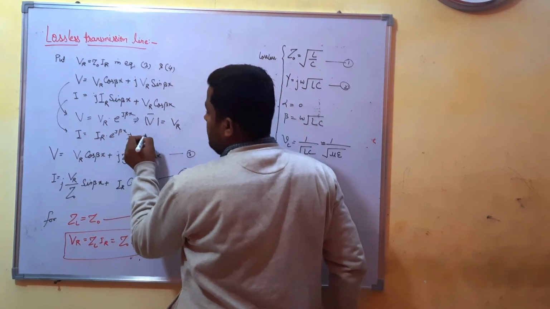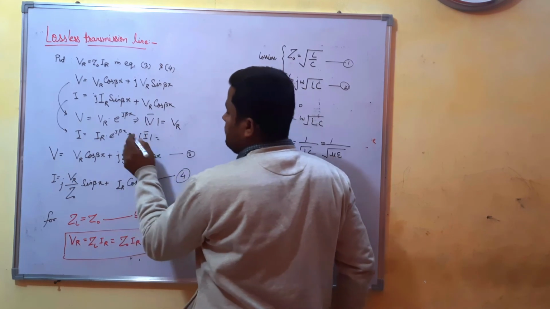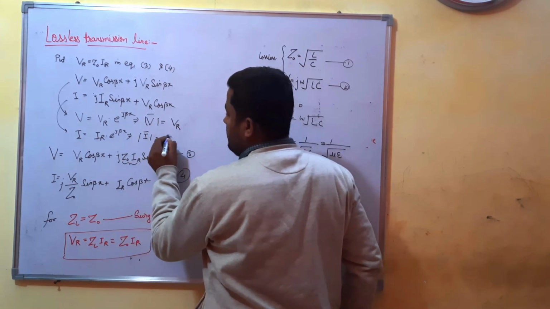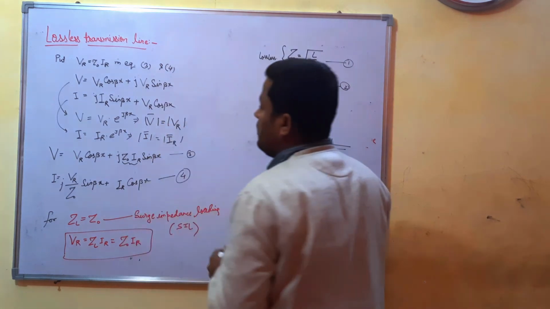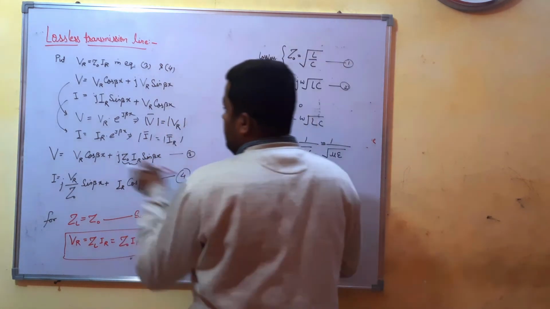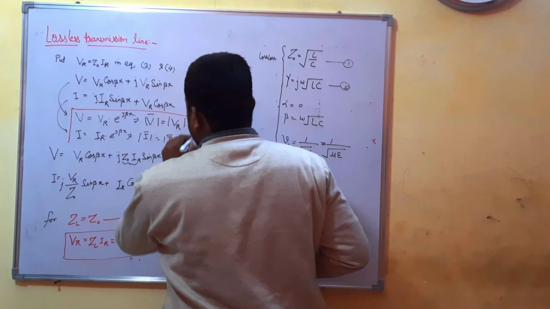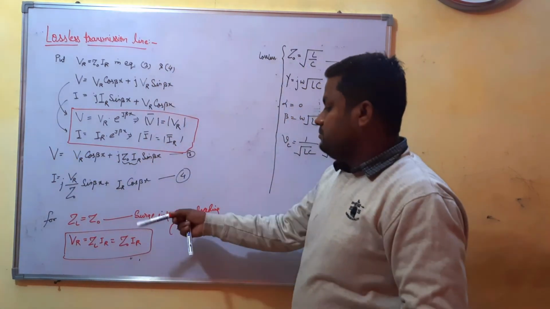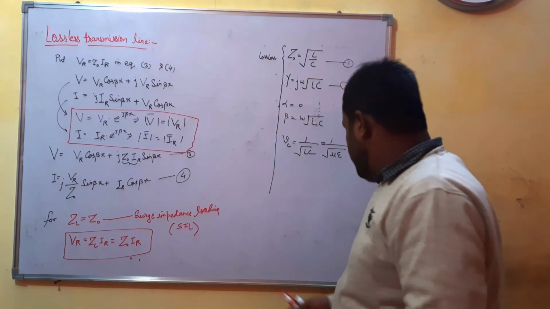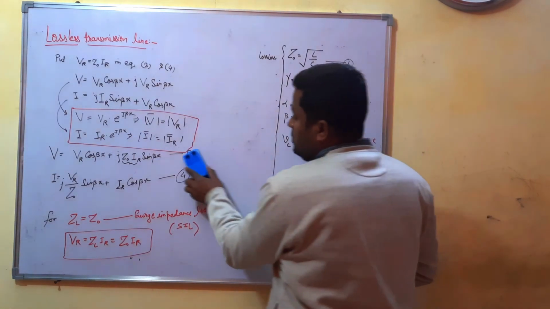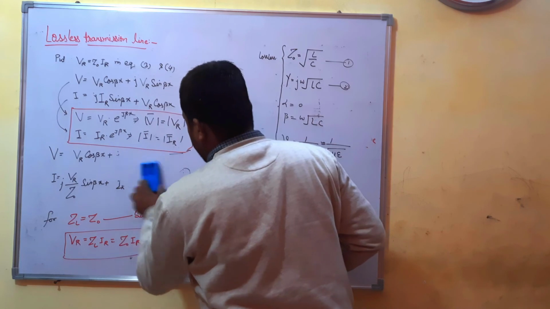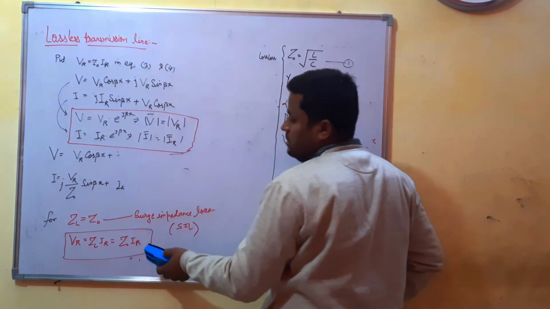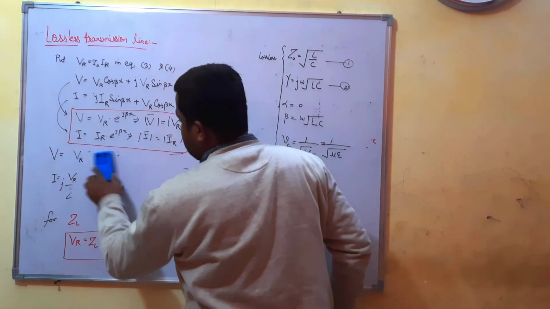That means the magnitude of I is IR. So this is the equation for voltage and current at the condition of surge impedance loading, that is when ZL is equal to Z0.